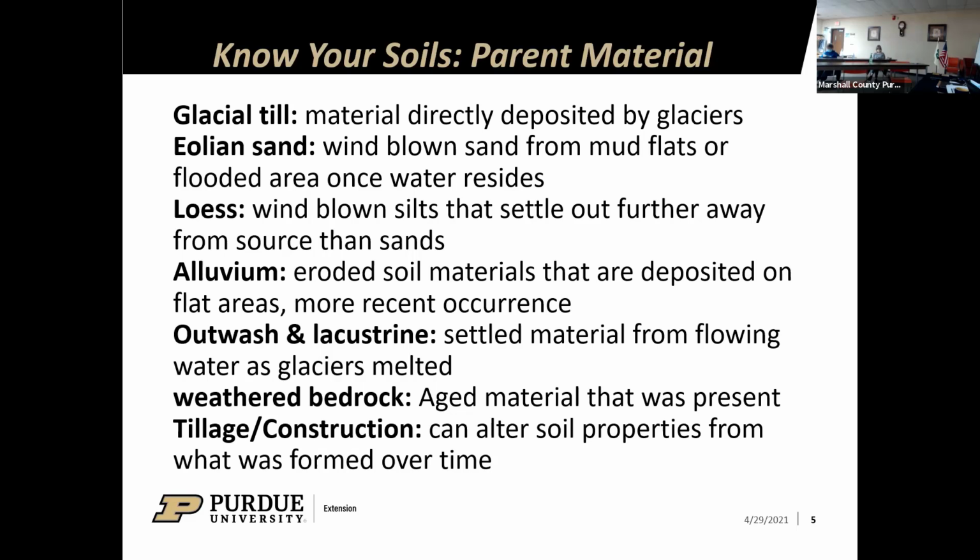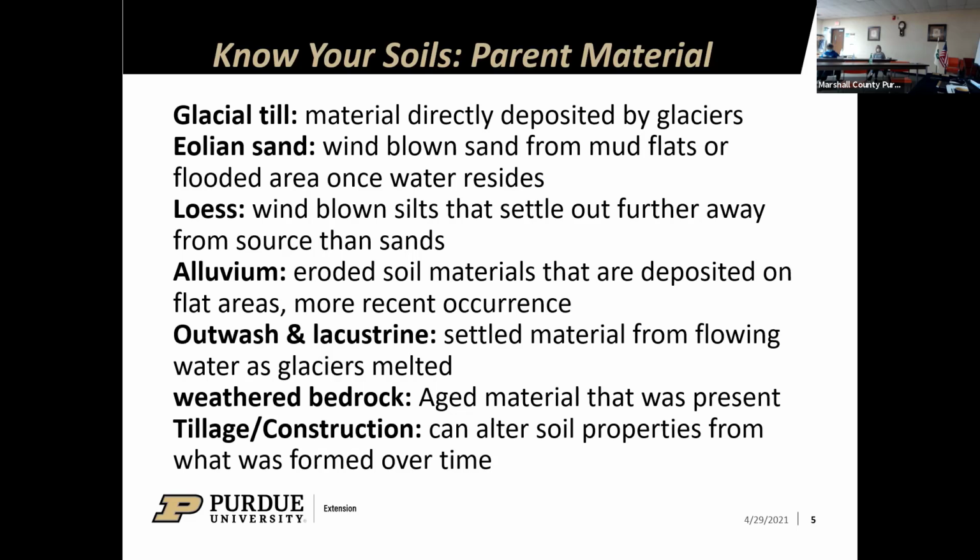Alluvium is actually occurring as we speak. That's as we have soil erosion where that material collects, that creates a new parent material to develop a soil. So those are actually more recent events and ongoing as we don't control soil erosion. Outwashes and lacustrine areas. The outwash is as the melting waters slow down, the heavier materials, the gravel and the sand, settle to the bottom.